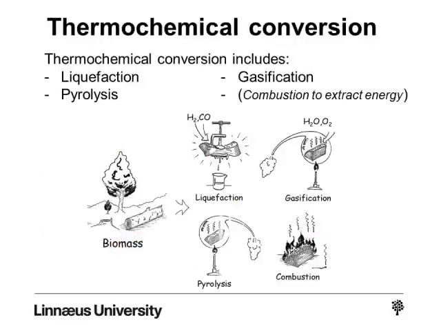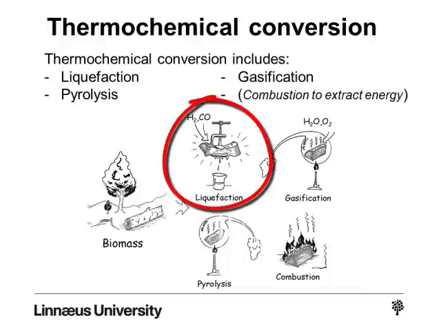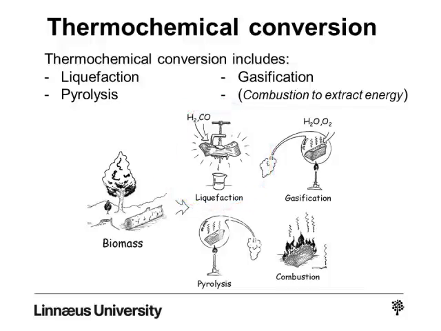So gasification is one example of a thermochemical conversion, and there are basically three different types of thermochemical conversion processes that can be used. It's liquefaction, in which you add hydrogen and carbon monoxide to the fuel at elevated pressure and temperature, to produce a liquid, an oil, from the fuel.